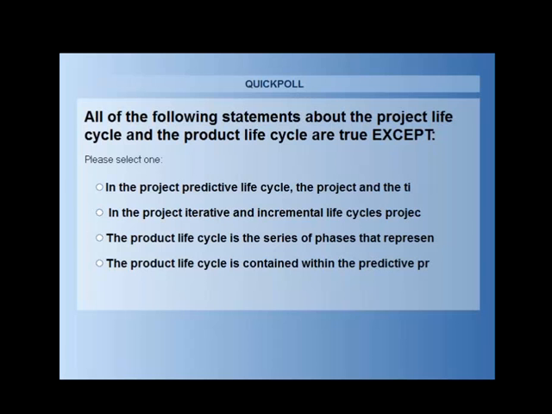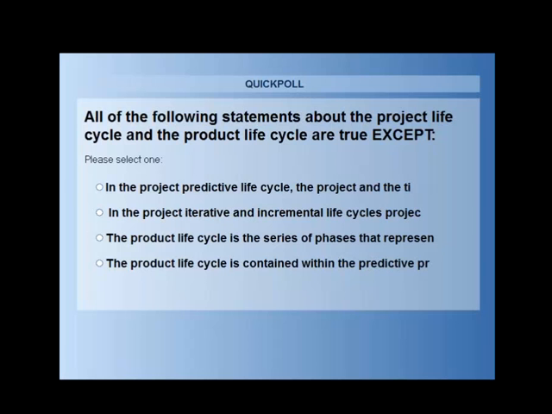Sorry, Peter, perhaps we could leave the answers up a little bit longer so that people have time to read them. Okay, well, Margie, I've got the answers at the end of the slides. So when we finish the session, if people want to revisit these questions again, they can go back to the answers at the end of the slides.